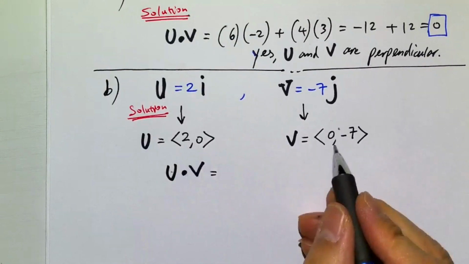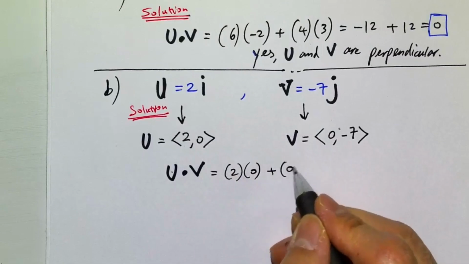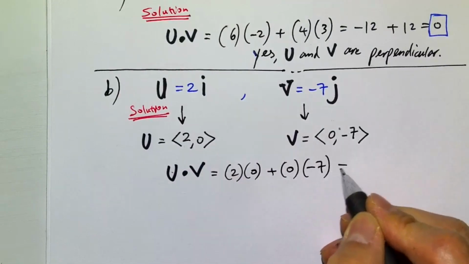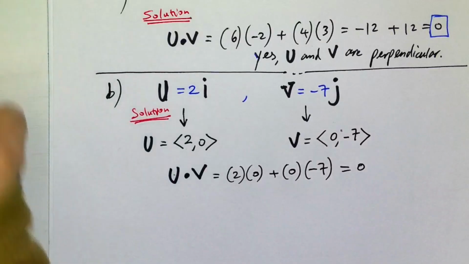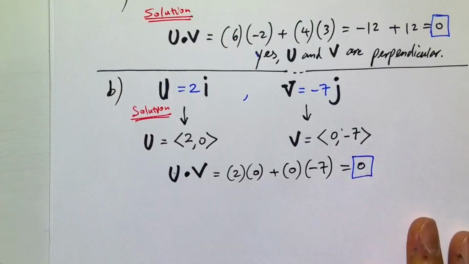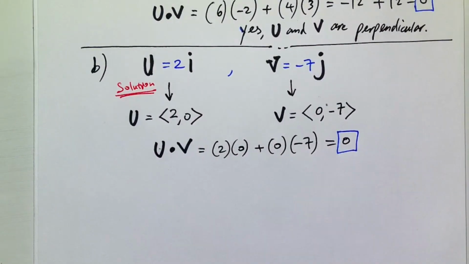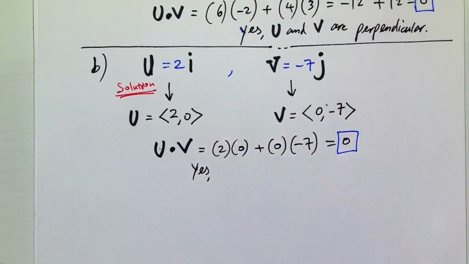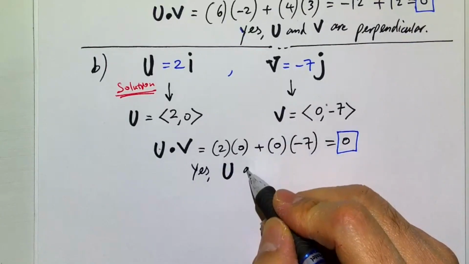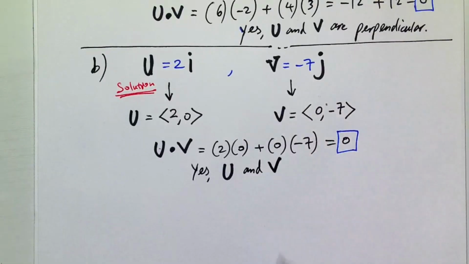And we have 2 times 0 plus 0 times negative 7. Of course, these are just 0. 0 plus 0 is 0. So again, the dot product is 0, which means the two vectors are perpendicular. So once again, yes, vectors u and v are perpendicular.